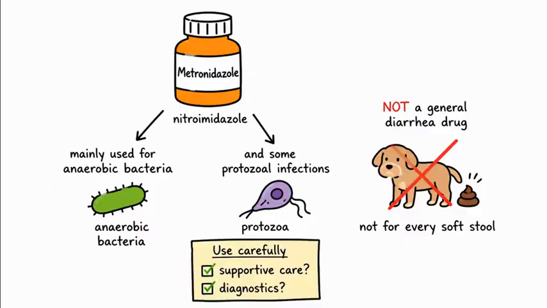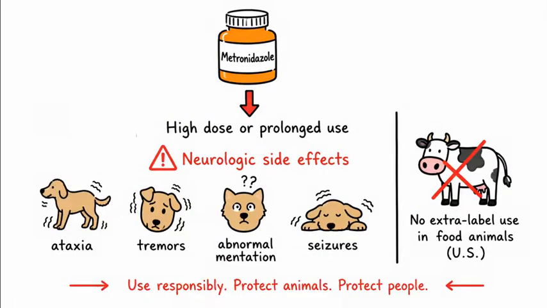Metronidazole belongs to the nitroimidazole class. It is mainly used for anaerobic bacteria and some protozoal infections. It is not a general diarrhea drug for every soft stool, even though it is sometimes used that way. From a stewardship standpoint, we should be careful not to overuse it when supportive care or diagnostics would be more appropriate.